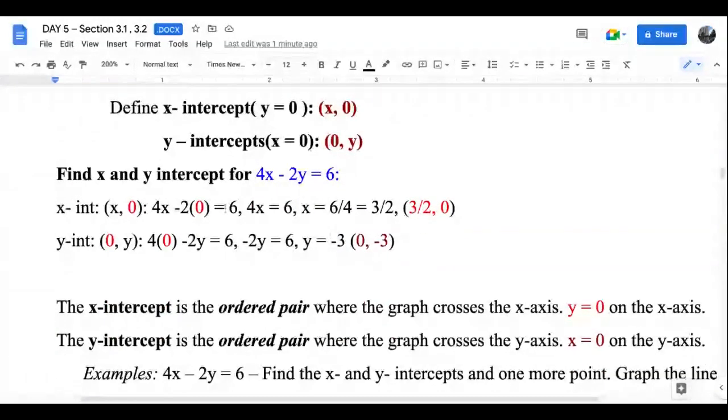So we like to use this one to graph, right? So find the x-intercept, y-intercept for this equation. Basically, to find the x-intercept, we plug in 0 for y, solve for x. For y-intercept, we plug in 0 for x, we solve for y.